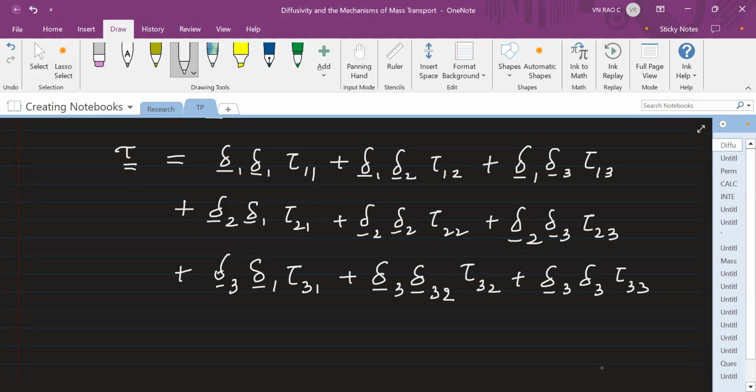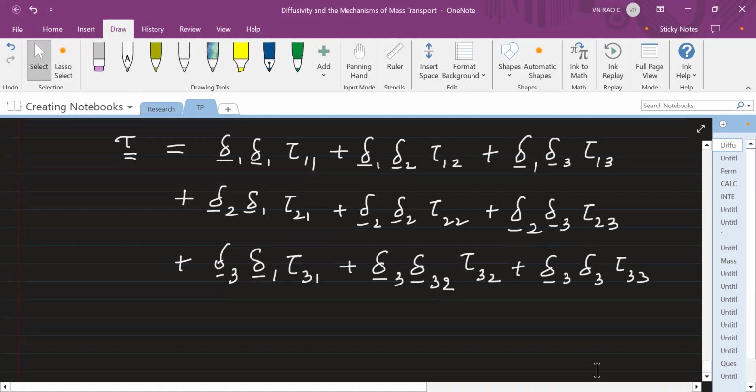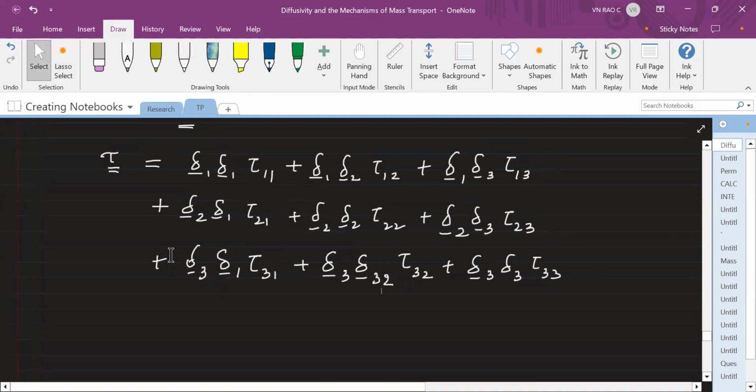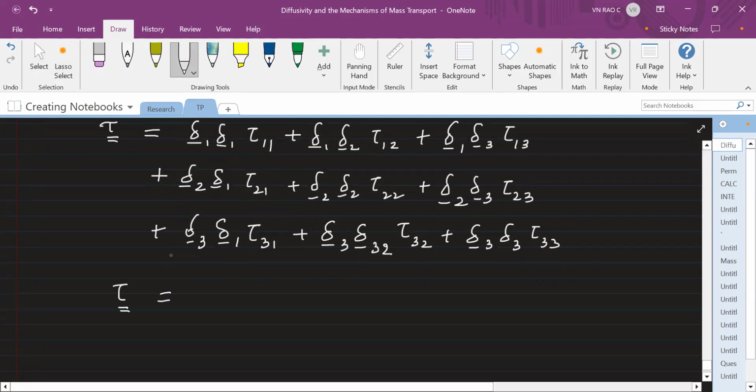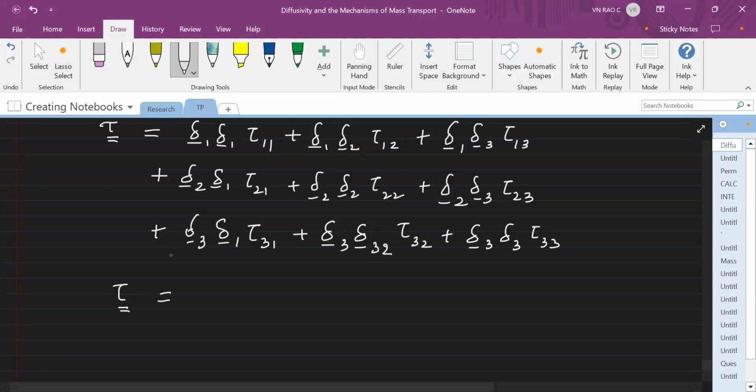So in a generic form, how do we write this? Tau is equal to, so you can see in this, vectors are available, everything is available.